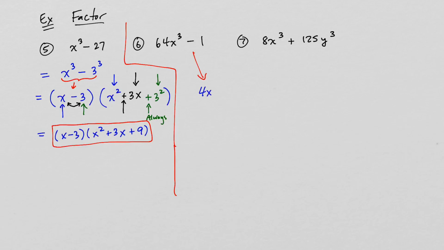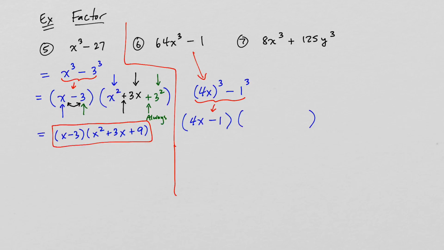So 64x cubed is 4x quantity to the third power. And then 1 is the same as 1 to the third. Now this is a difference of two cubes again. We know it's going to be the product of a binomial and a trinomial. And the binomial is just bring these two terms down without the cubes. So that's 4x minus 1.